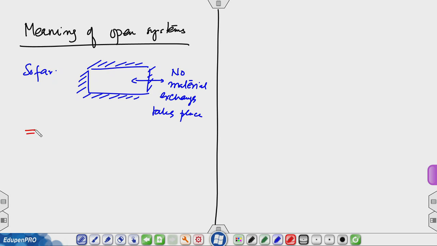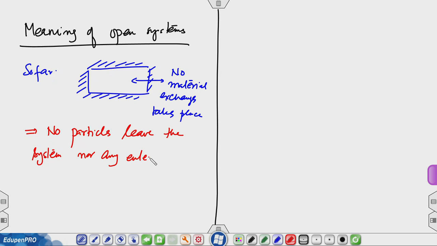And that means no particles leave the system, nor any enter the system. So the number of particles remains fixed.